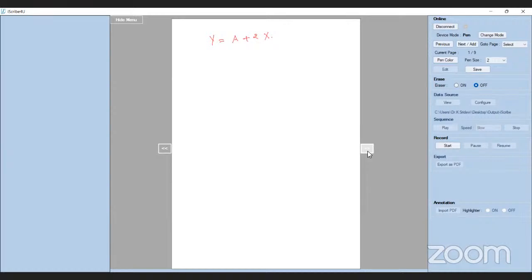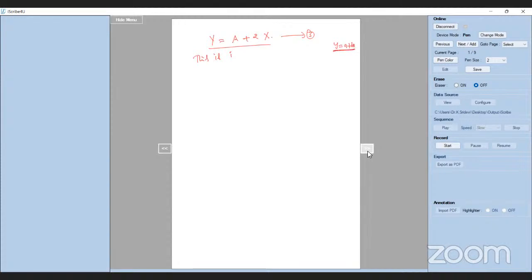Give equation number 3 for this one. So now you can observe that this is in the form of Y is equal to A plus BX, as we have discussed just now.